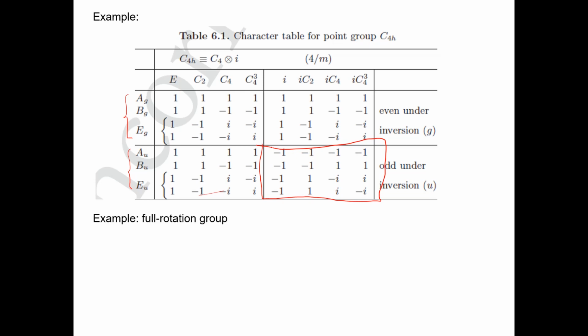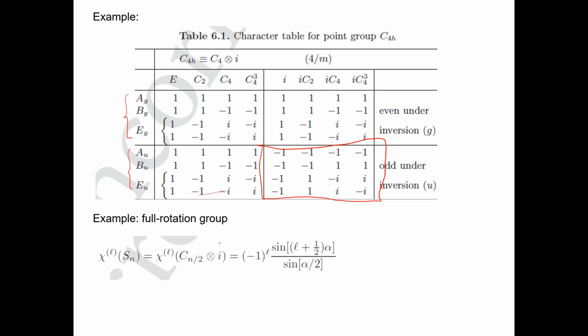All right, so another example that I want to discuss, and this is to make a connection with things that we have discussed in chapter 5, is the full rotation group. So the concept of direct product tells us, using the same kind of idea, how we get the characters for, for instance, an improper rotation.